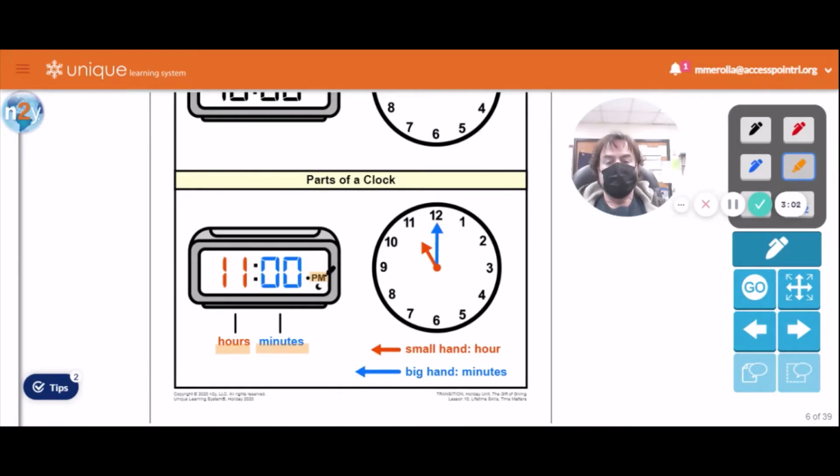And this PM stands for evening, symbolized with a little crescent moon there. Over here in the analog clock, again, you have the small orange hand pointing to the hour, and the big hand pointing to the minutes. So this is 11 o'clock again.